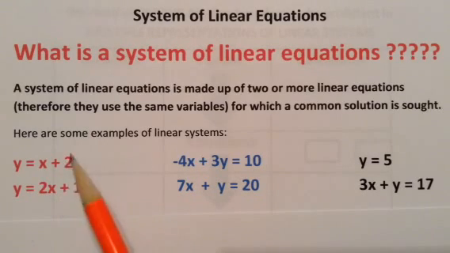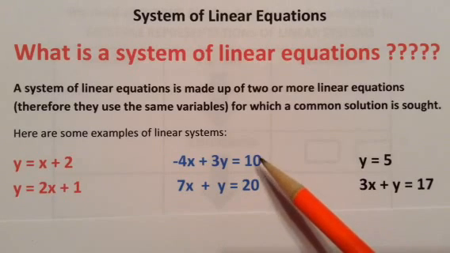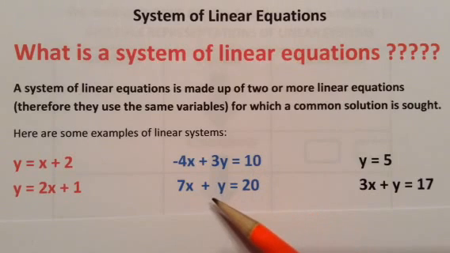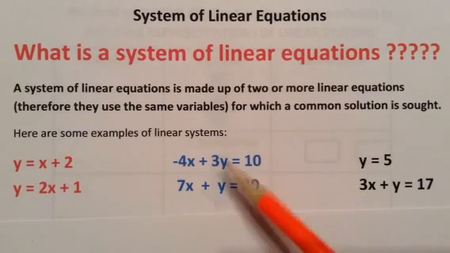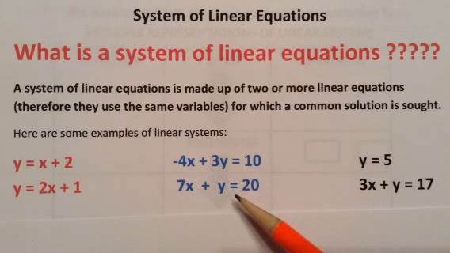This is a system. The blue guys over here, if you notice, bonus points if you remember what form this is. That's right, it's standard form, ax plus by equals c. So we have two equations with the same two variables. This is a system of linear equations.